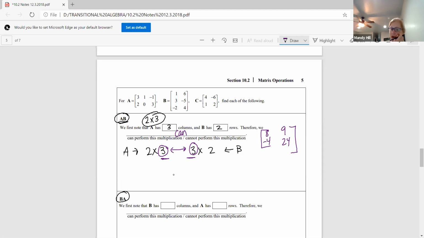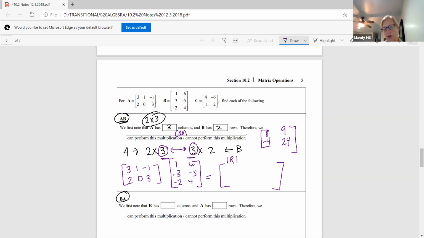Okay, I'm going to show you how to do this the long way. So they want us to take matrix A. Like I said, I'm not going to bore you with this on every one, but I do think it's important that you know where this comes from. And they want us to multiply it by matrix B. So I'm just copying down the numbers at the top. The first thing that you do when you're trying to get the answer is you take the first row and the first column.